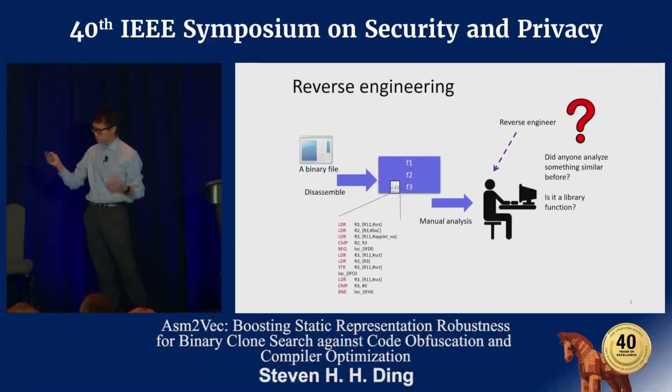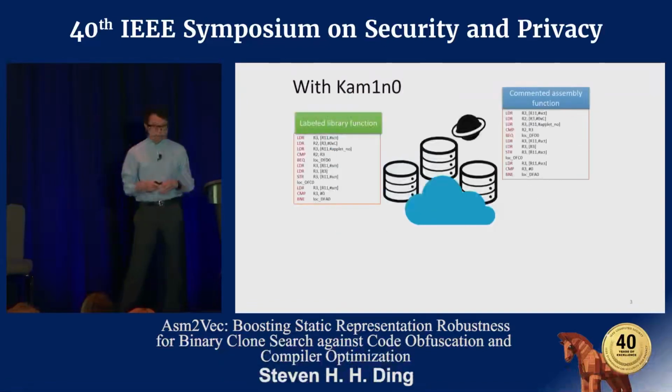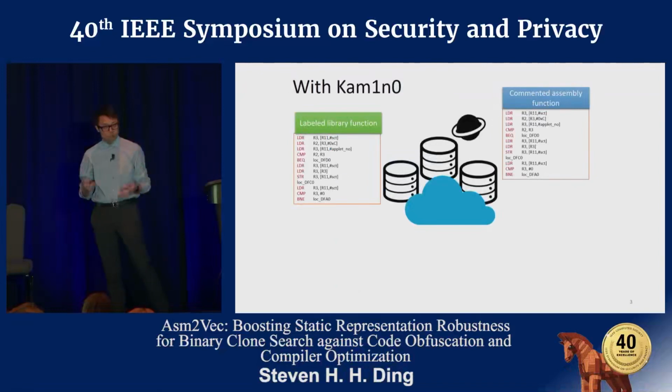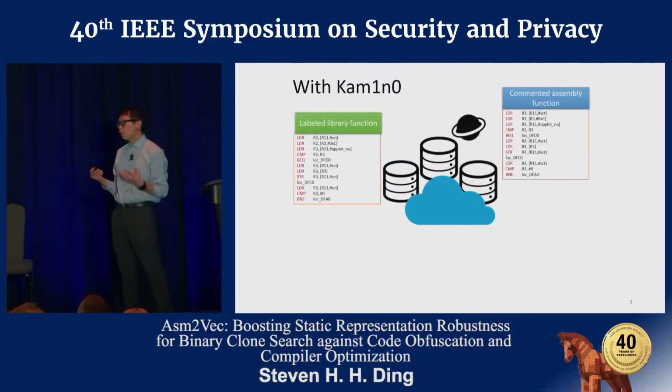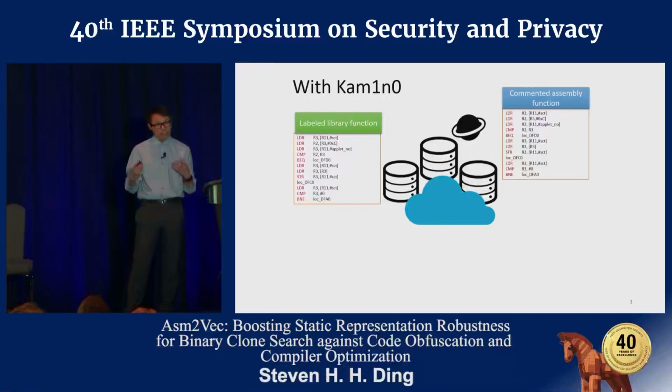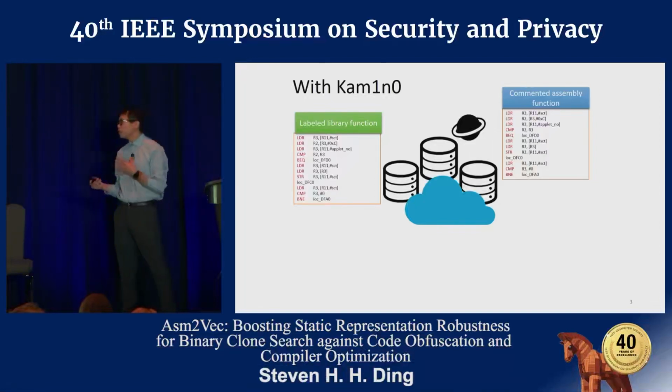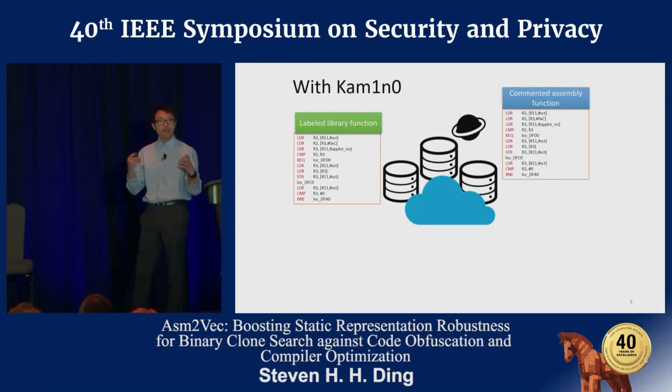We try to address these information needs by using an information retrieval approach. So we developed an open source assembly code clone search engine, Camino. Suppose it's like a centralized repository of assembly language, where people can build different repositories, just like on GitHub.